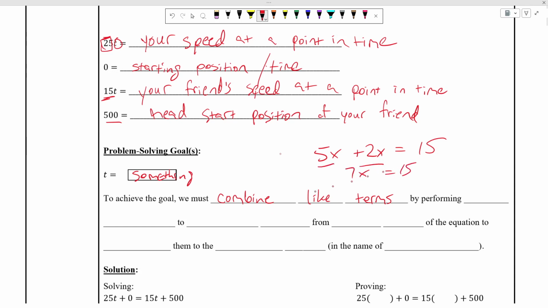That isn't necessarily new to you at this point, but what is new is the idea that we are going to combine like terms by performing our favorite phrase here, inverse operations.